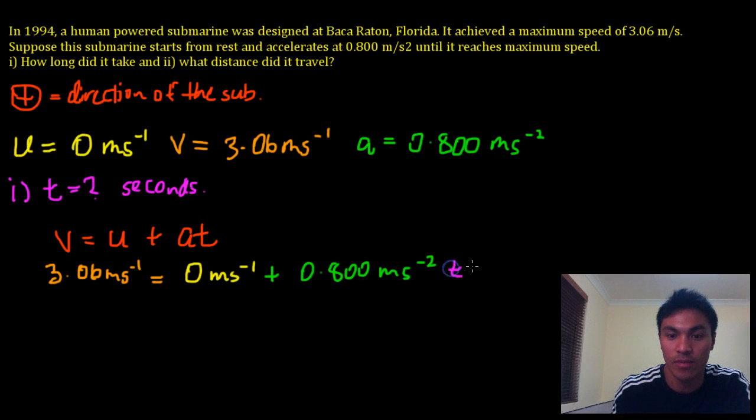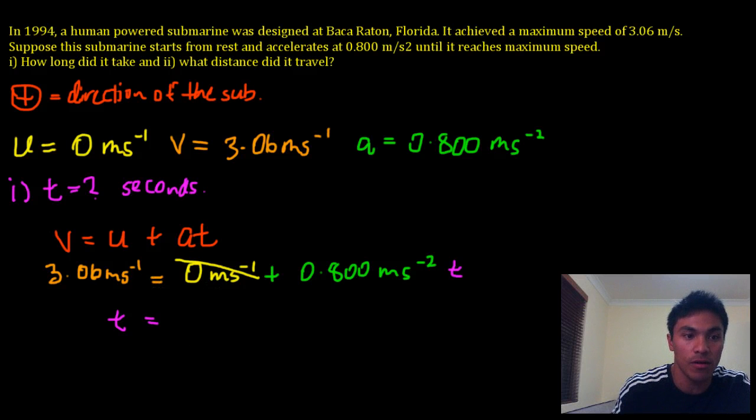We want to know t, and here is just simple manipulation of our equation. Our u term we can ignore, because it's 0. So our whole term now becomes 3.06 meters per second equals 0.8 meters per second squared multiplied by time. In order to get time, we have to divide both sides by 0.8 meters per second squared.